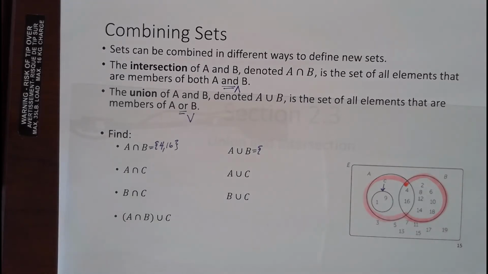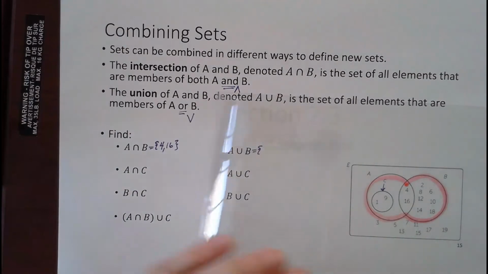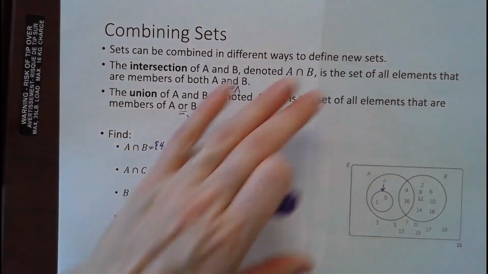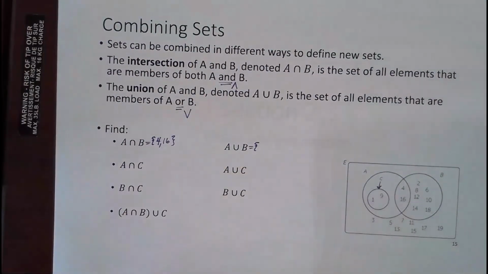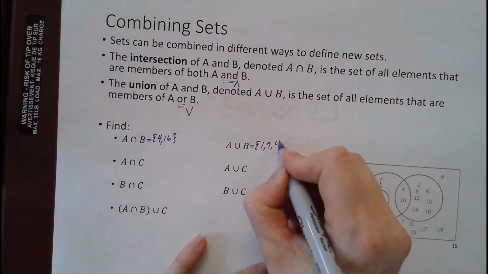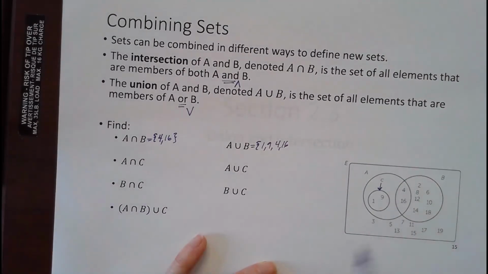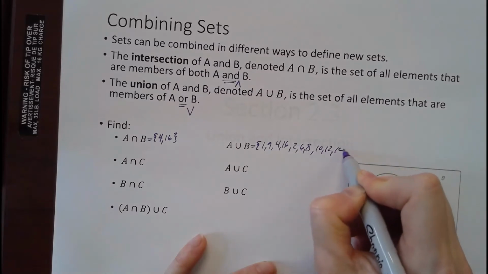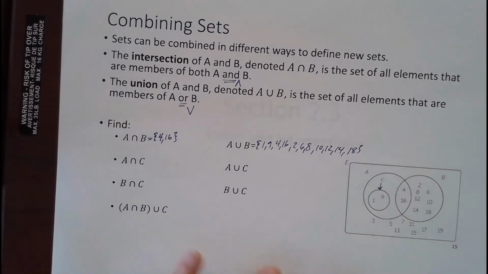So visualize that. We had 1 and 9 over here. We had 4 and 16 where they overlap, and then we have all of these over here, 2, 6, 8, 10, 12, 14, 18. All of those would fall into that A union B.